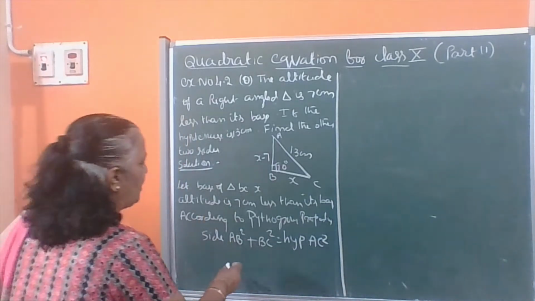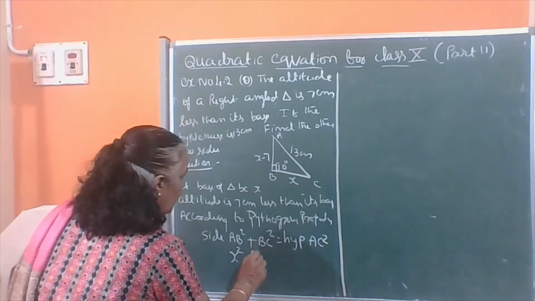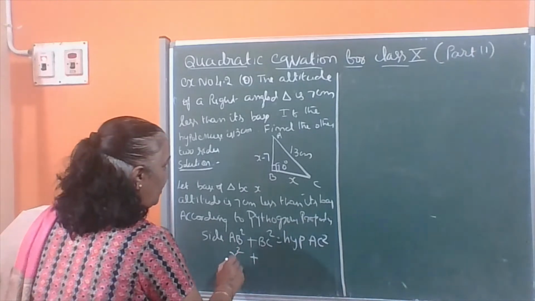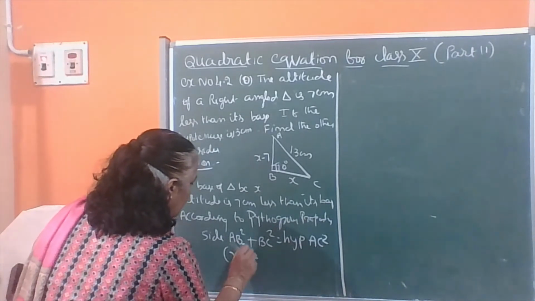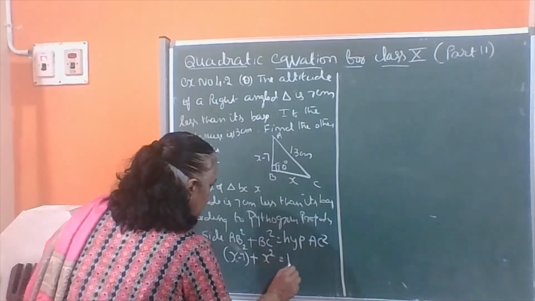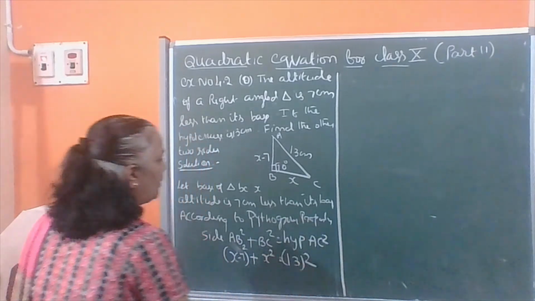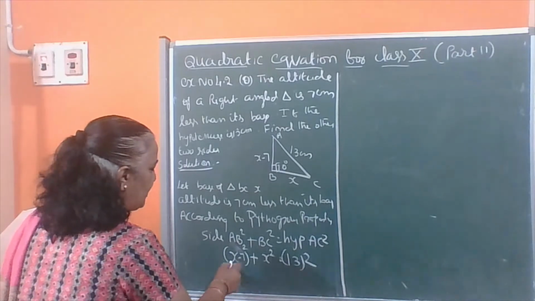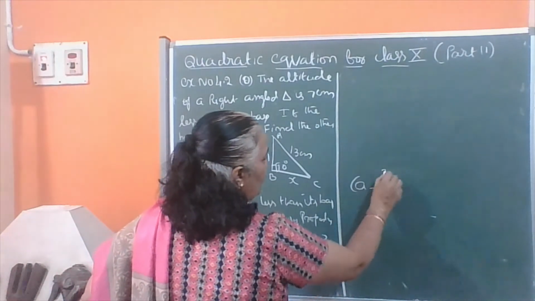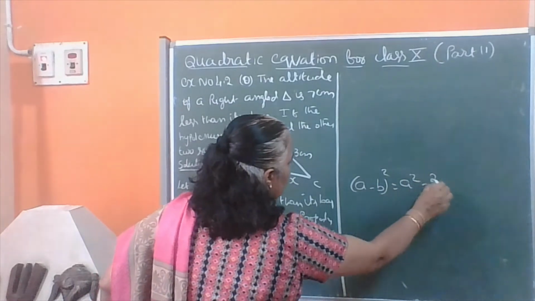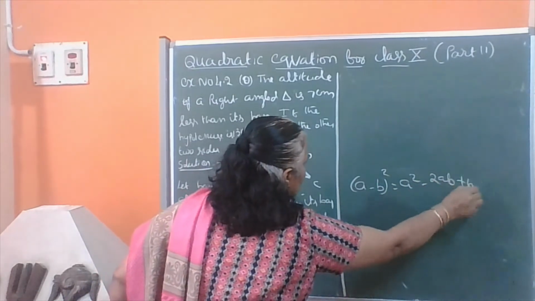Now here AB is x minus 7 square, and BC is x square, and this is 13 square. Now x minus 7 square, here you have to use the formula a minus b whole square is equal to a square minus 2ab plus b square.